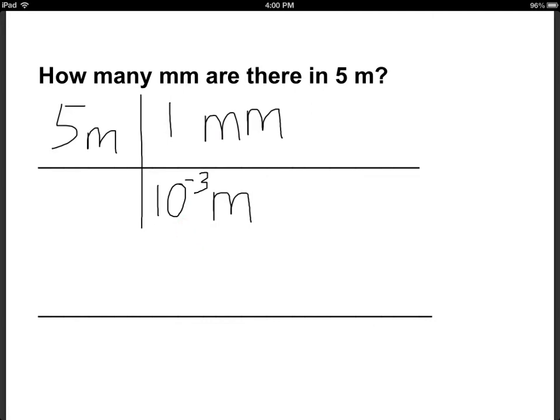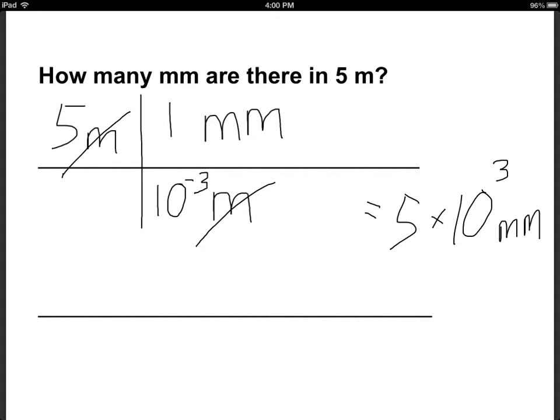All right, so enough about that. I urge you to try out that method. If you practice it and use it, I think you're going to find you make fewer mistakes and it works a lot easier. Again, cancel out your units as you go. The other nice thing about this is that because you're working with scientific notation, and we are a science class, you can actually then say, okay, it looks like my answer is 5 times 10 to the third millimeters.